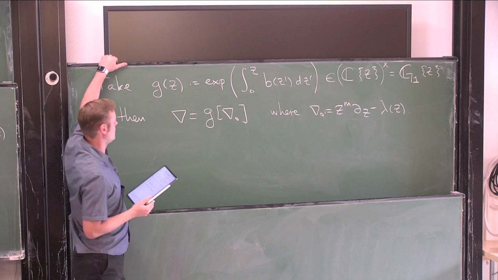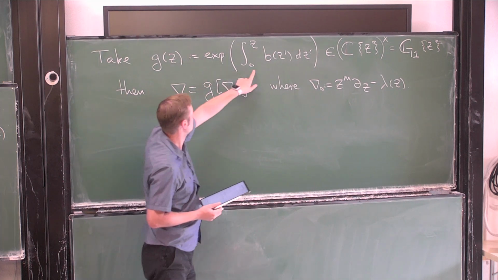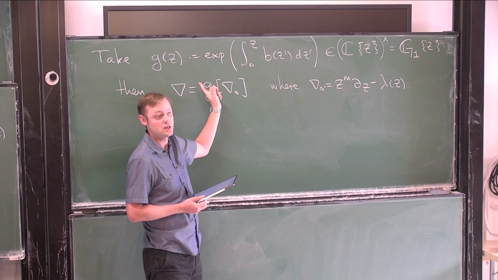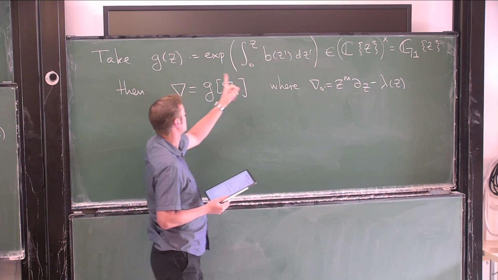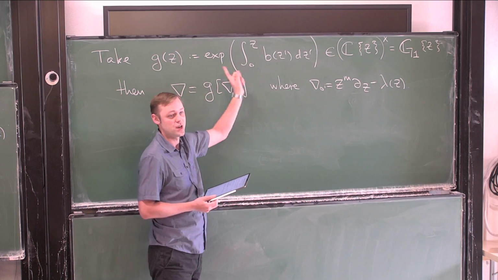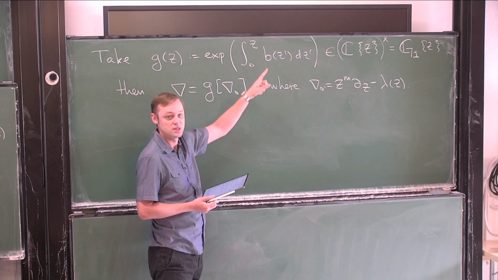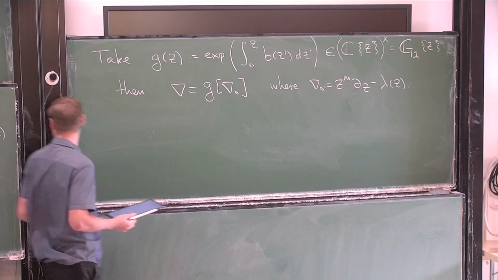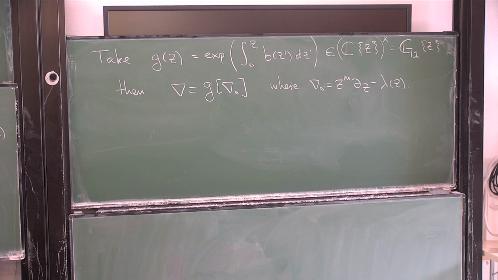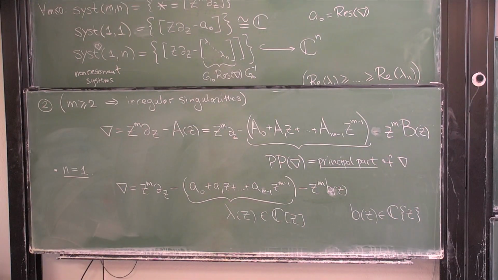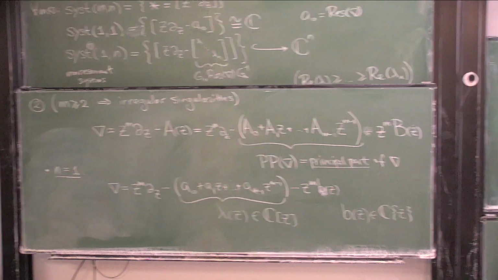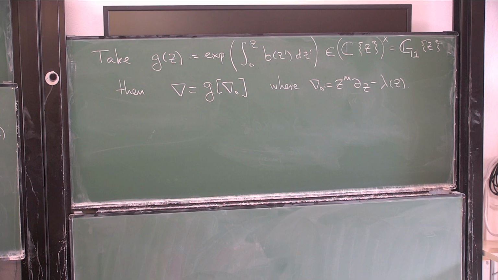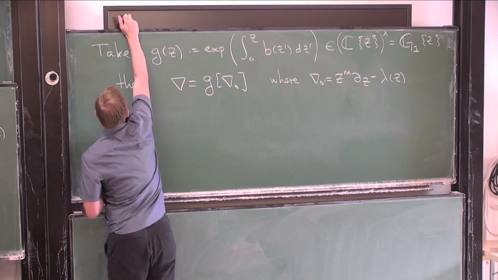So I think you can see why that would be the case. If I differentiate this, I'll get a copy of B down, and I'm necessarily going to be differentiating with respect to z, so I'll get a copy of B over z to the m. I get precisely this term. And then there's going to be a G inverse, which will cancel G. We've done this calculation before.